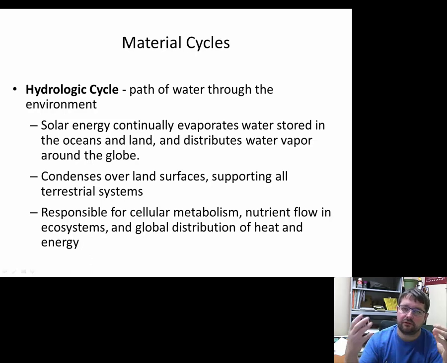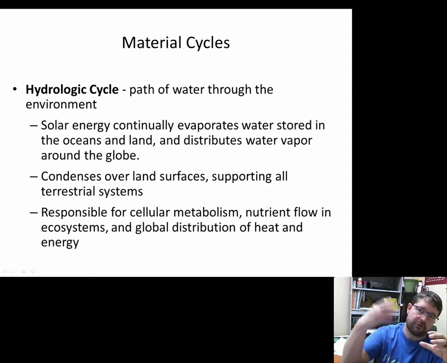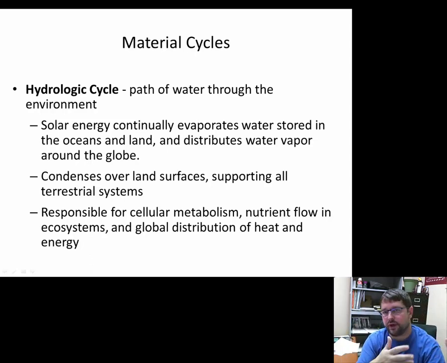There are lots of other ways. You can get transpiration coming off of plants. You can get sweat, so vapor coming off of animals. There are all kinds of ways in which water molecules can re-enter the cycle and be removed from the cycle for a limited amount of time.